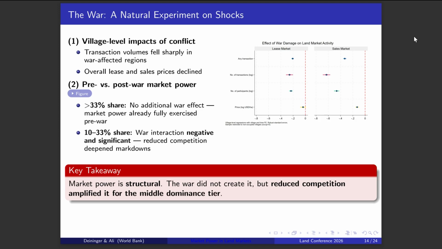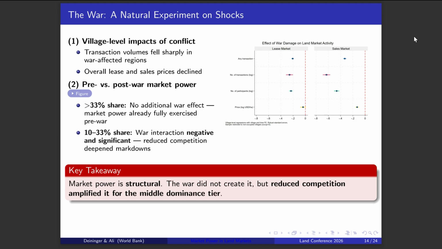The other thing we did was look at the heterogeneity of market power by pre- and post-war. We wanted to see whether this market power is a structural issue or whether it is induced by shock. We clearly find that for those controlling more than 33% of the share, there is no additional war effect.